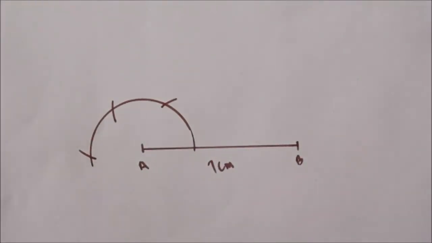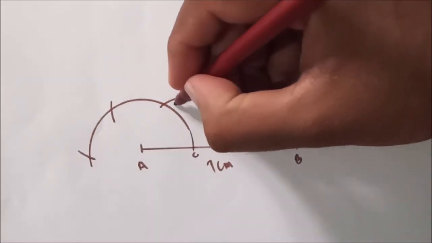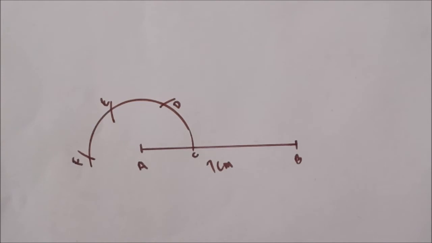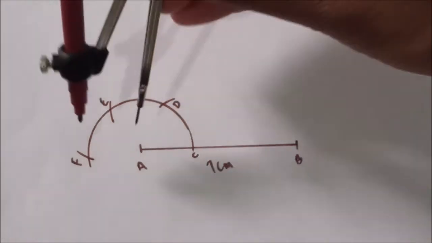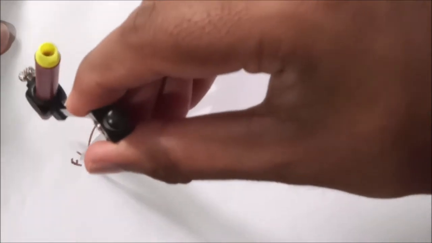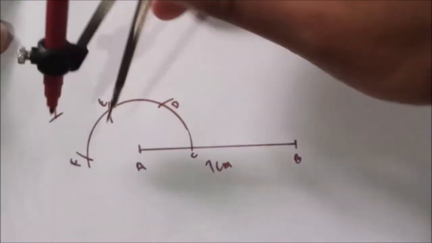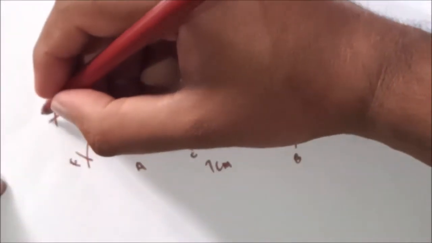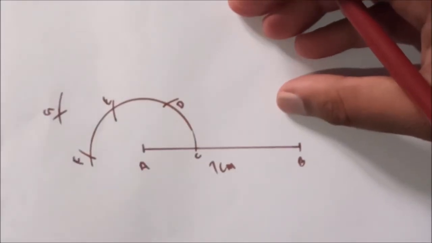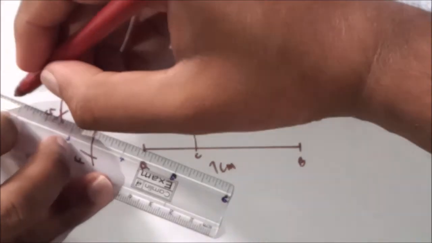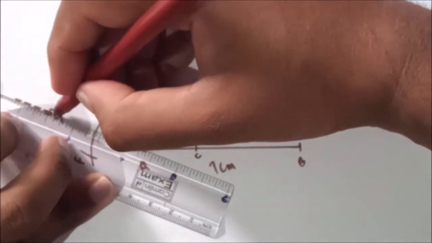Now we are going to mark these points C, D, E and F. Now from E and F we are going to mark two arcs to intersect at G. Okay, now if you see it's intersecting at G, now I'll put dotted lines. Now this is 150 degrees.